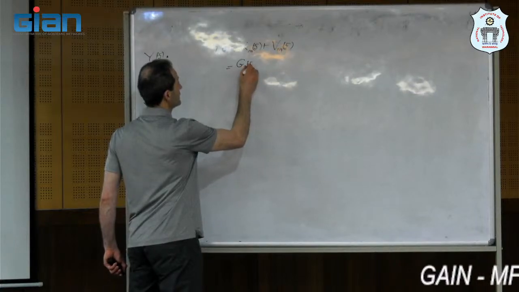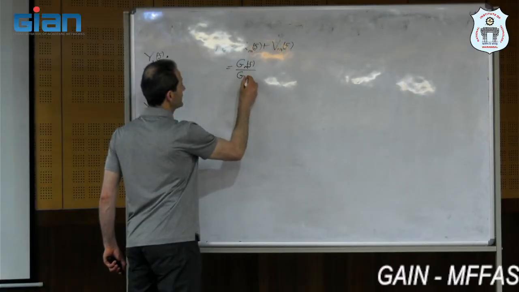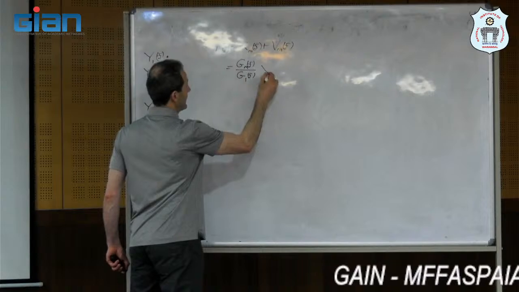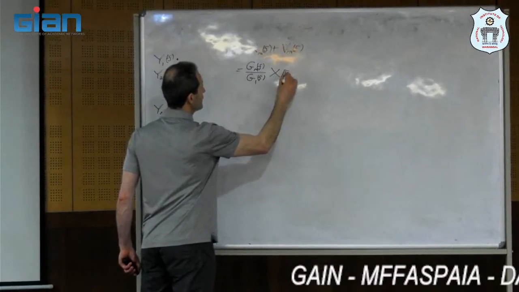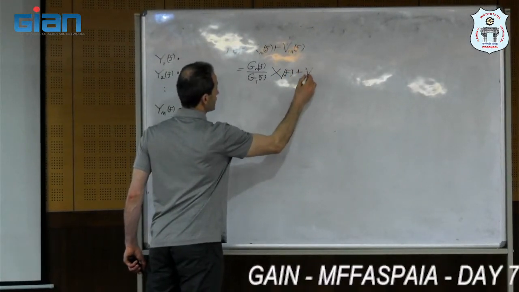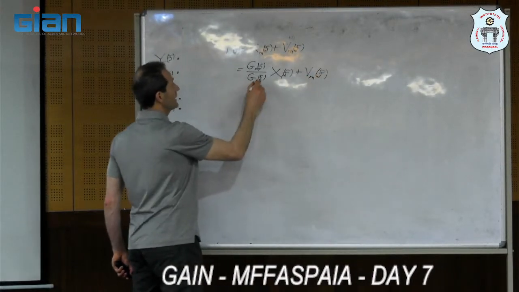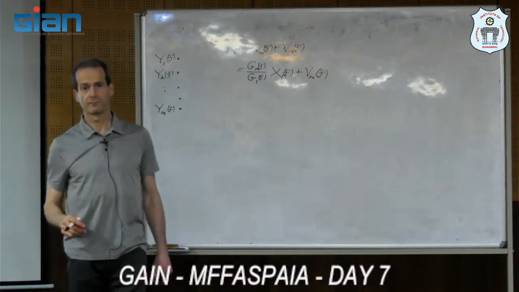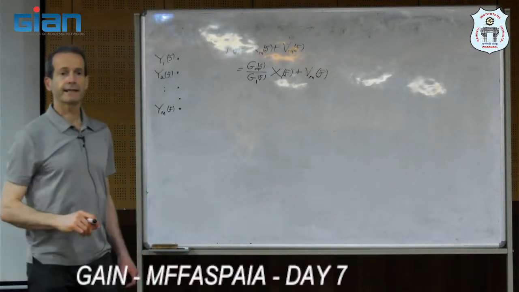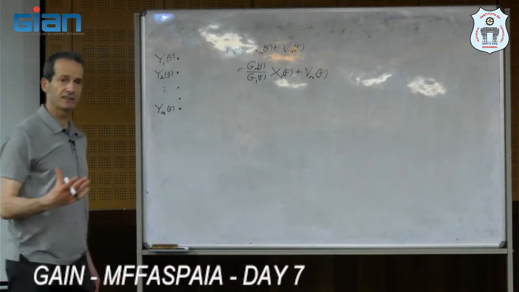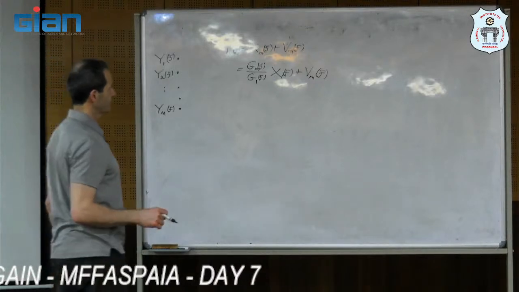We can write it as GMF divided by G1F, X1F plus VMF. So this is the relative transfer function, which we saw we can estimate from the observed signals under certain conditions.